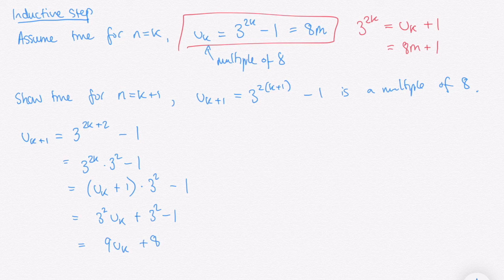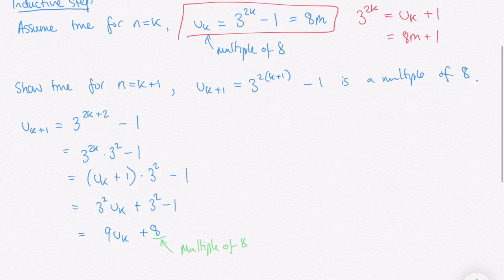So we know clearly this term is a multiple of 8. And by our assumption, because remember our assumption was that uk is a multiple of 8, this is also a multiple of 8. So the whole expression, 9uk plus 8, is also a multiple of 8.